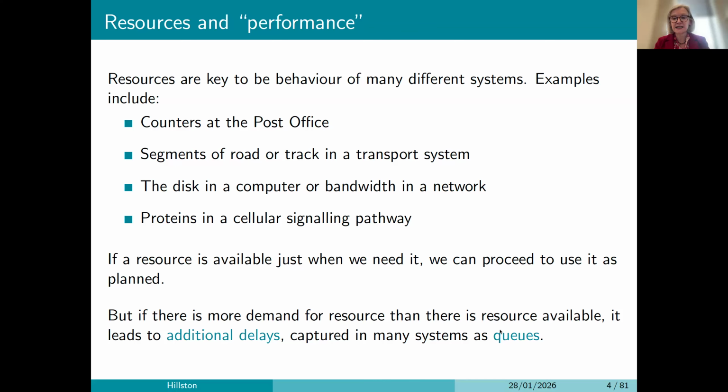In a classic performance setting, this would be elements of the computing system, so it might be the disk or bandwidth in a network. And more recently, we've looked a lot at using these techniques within biological systems where the resource might be, for example, proteins in a cell signaling pathway or genes that you need to transcribe.